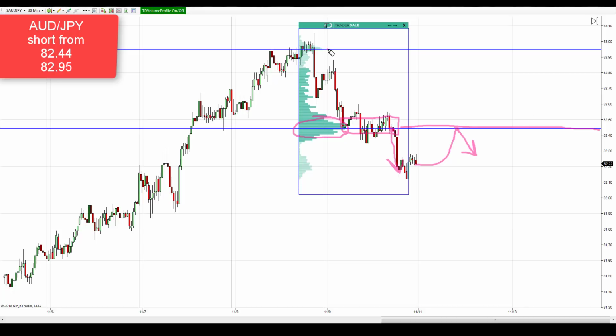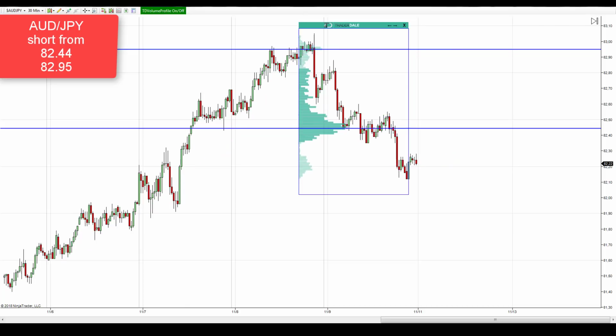The second short level which I wanted to show you is right there, and it's based on those volumes which got accumulated before the start of this strong sell-off. I think that this is the place where strong sellers started adding to their selling positions, and this is the place where this uptrend ended and the short trend started.